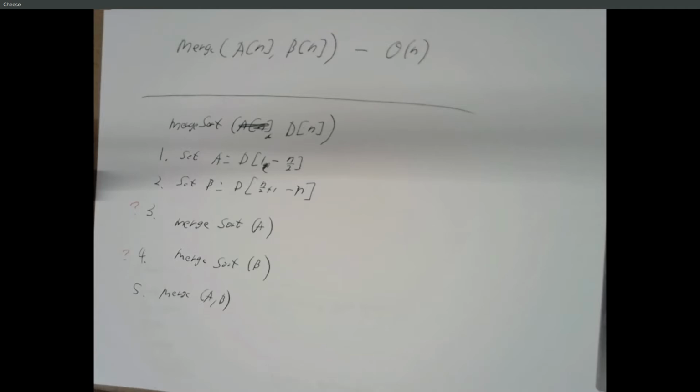Of course, when I do step 3 and I say merge sort A, what's going to happen is I'm going to call merge sort. That instance of merge sort is going to split A into two pieces. It's going to merge sort each of those and then interleave them. And each of those calls to merge sort will do exactly the same thing. I need a base case.